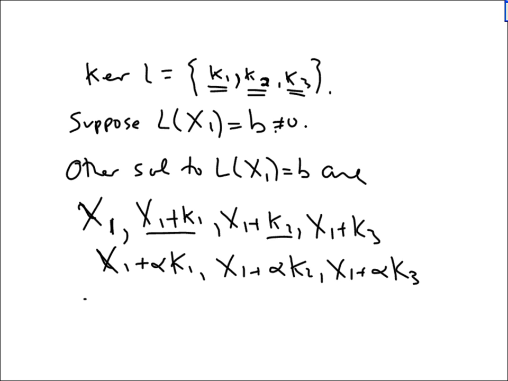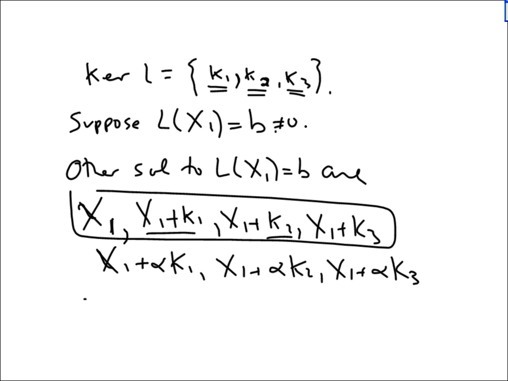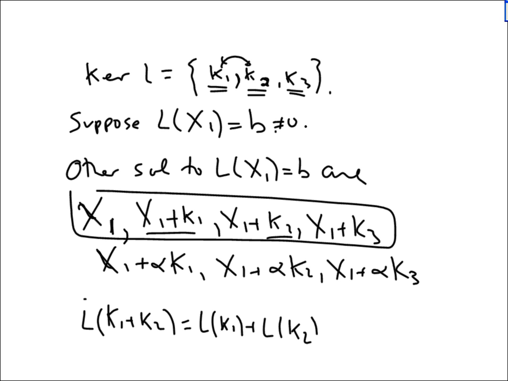But this wasn't the first one that came to my mind when I said, no, it's not just these. I was realizing that if you add these, L of k1 plus k2, for example, is L of k1 plus L of k2. Now, the reason k1 is in the kernel is because L of it is 0, plus the reason k2 is in the kernel because L of it is 0, and 0 plus 0 is the 0 vector.